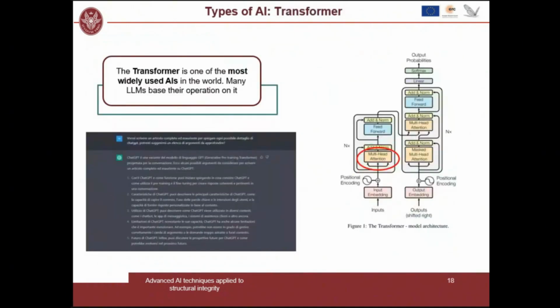The last kind of architecture I will show you, and after I will jump to the application, is the transformer. The transformer is maybe one of the most widely used architectures nowadays, since each one of you uses ChatGPT, Gemini, or maybe also some text-to-image tools. That's basically a transformer in disguise, a stealthy transformer.